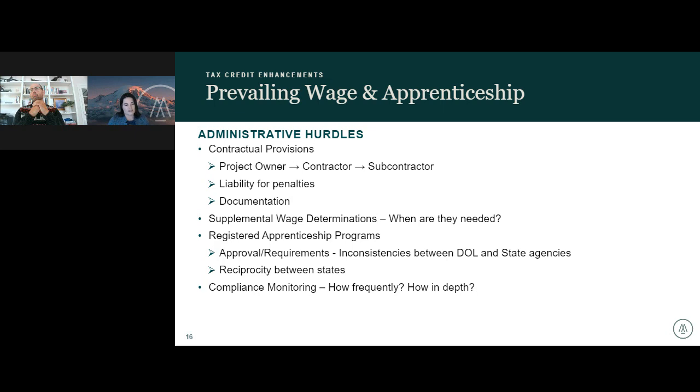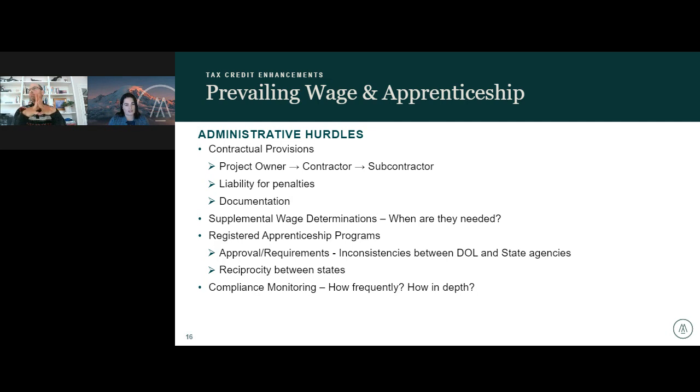And then the last piece is just the compliance monitoring. That's kind of the maintenance piece during active construction. How frequently are you going to do it? Again, the IRS would like to see quarterly, if not more frequently. That's going to protect you against that presumption of willfulness. If you do proactively monitor and catch any incidents of noncompliance with the requirements, you could avoid some penalties.